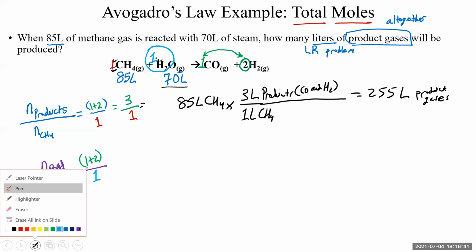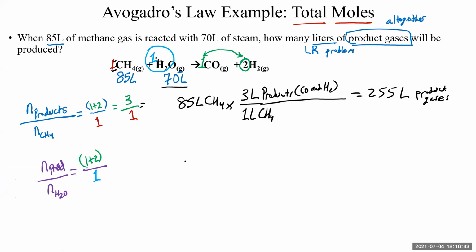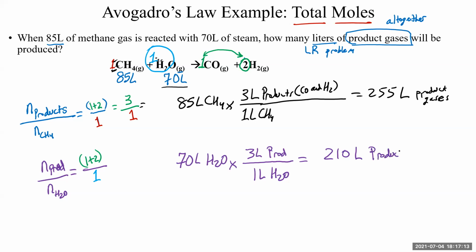So we just apply that 3-to-1 ratio, but this time we have 70 liters of water. The ratio is again 3-to-1, same ratio because they are 1-to-1. After all, methane and water are 1-to-1. So we should expect the same ratio of products to each one of these separately. 3 liters of products to every 1 liter of H2O. And that's going to equal 70 times 3, 210 liters of our product gases.